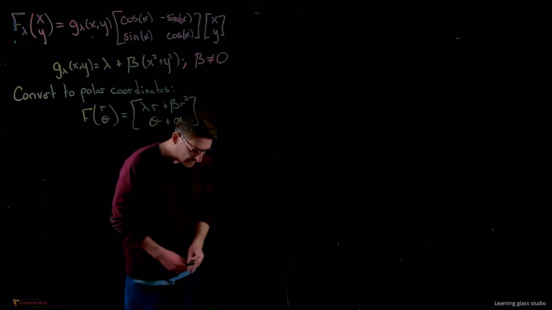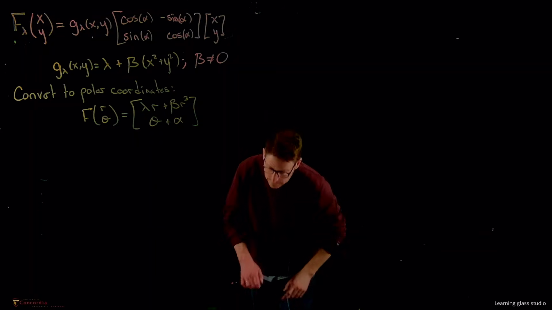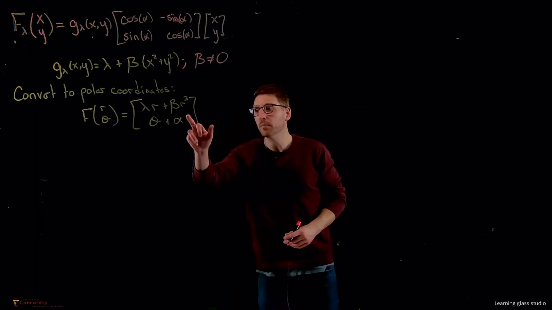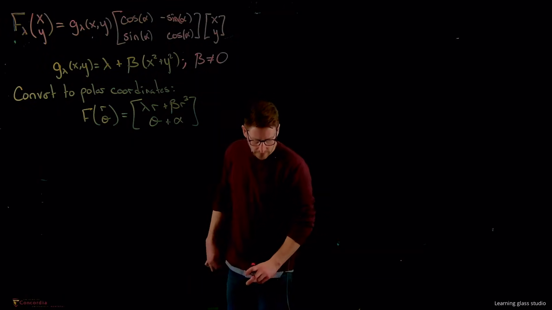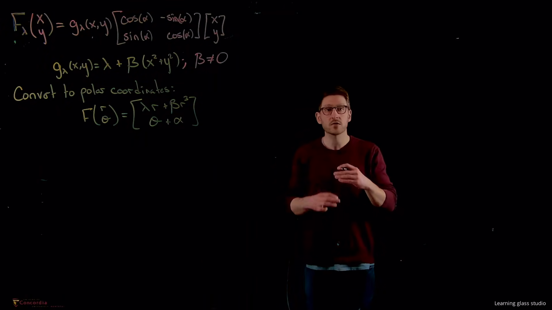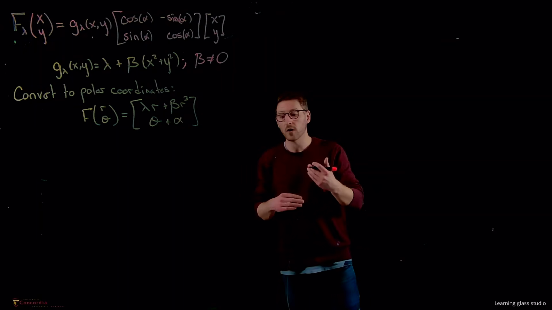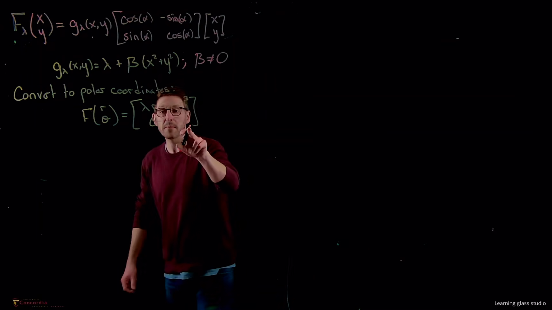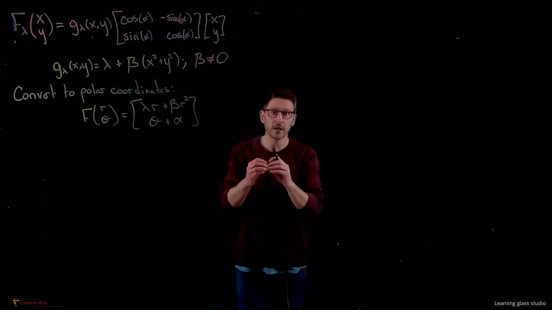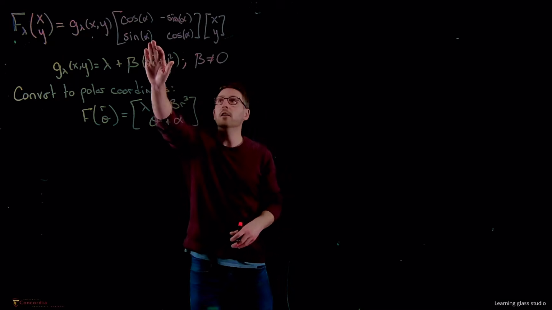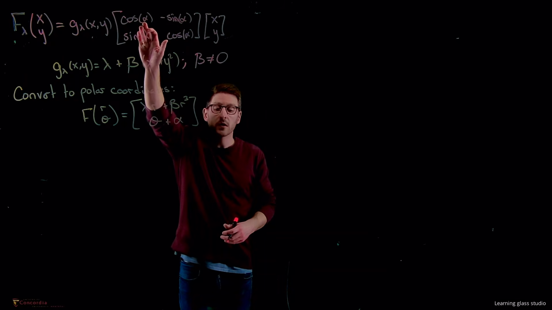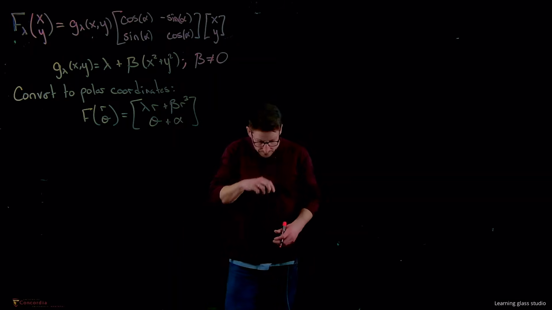What you can see here is that this has completely decoupled. There is a radial component and a phase component. The phase component is just a uniform shift along the mapping. You're taking every single phase and pushing it forward by an angle of alpha every single time. That angle of alpha was determined by the original constraints on the system.